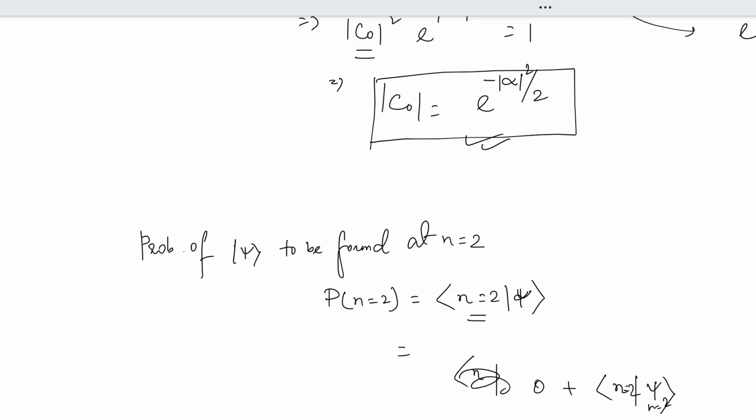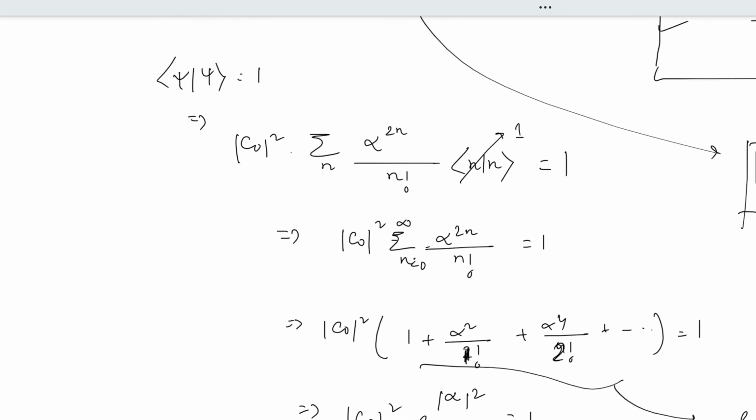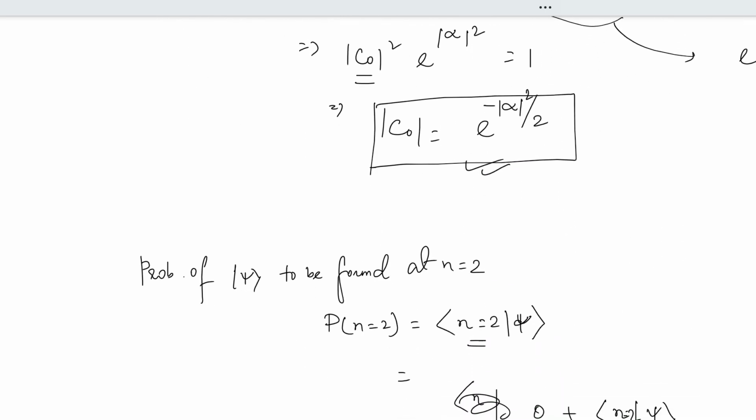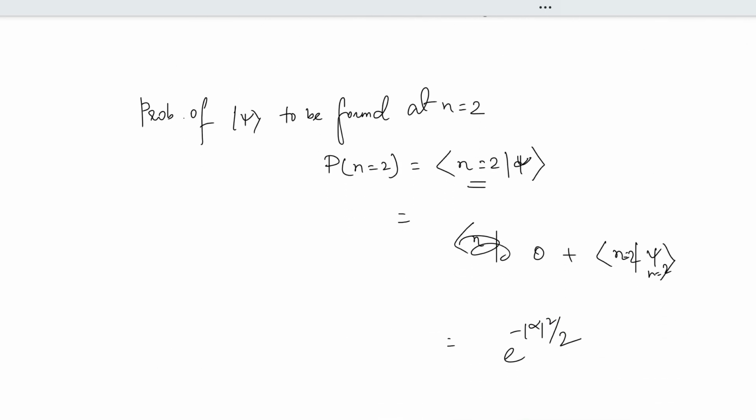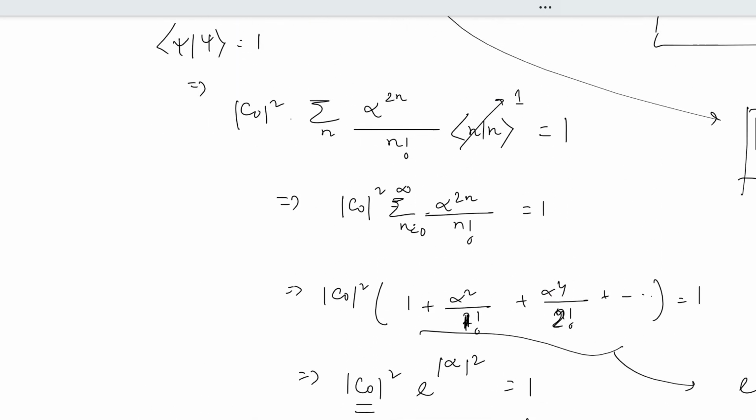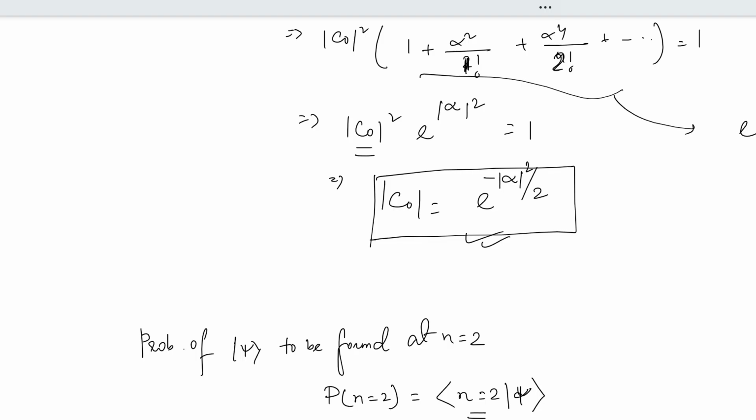So for psi you have to take n equal to 2. So this is basically e to the power of minus mod α squared by 2. Now instead of a summation you put a single term of n, so there will be no summation over n, just n equal to 2. Now this is α to the power of 2 by root over 2 factorial, and then the inner product of 2 with 2 will be 1.